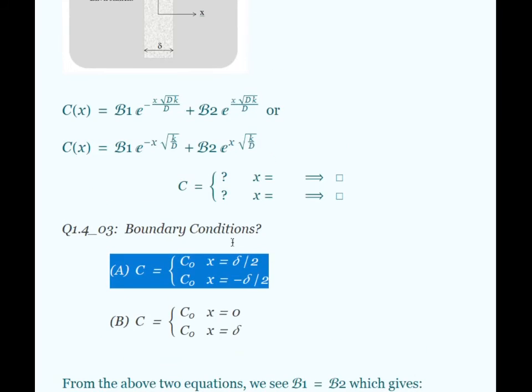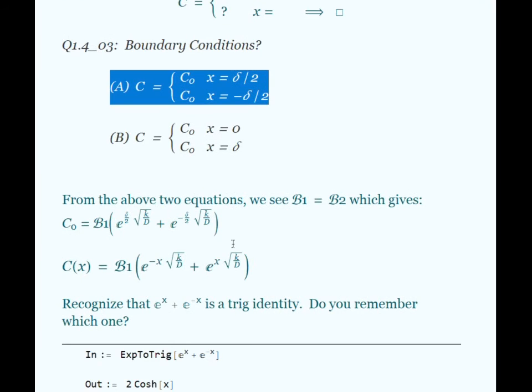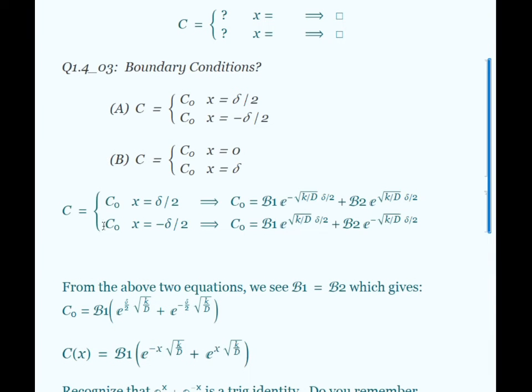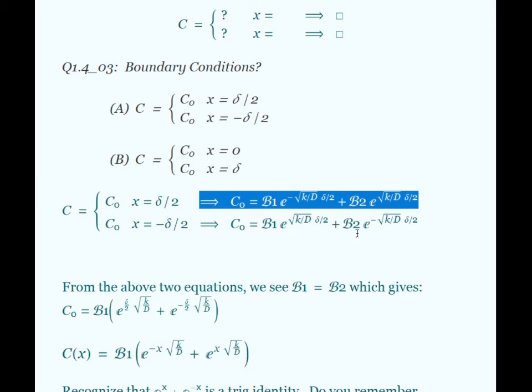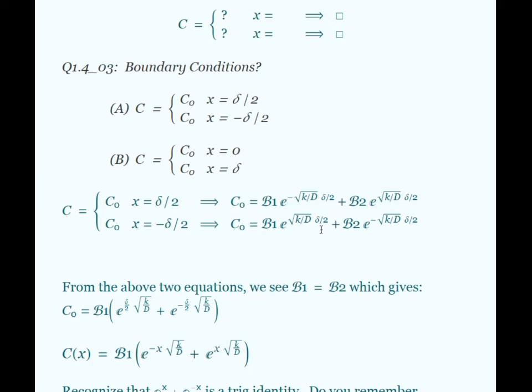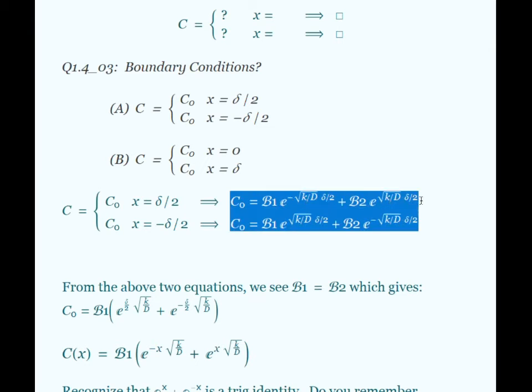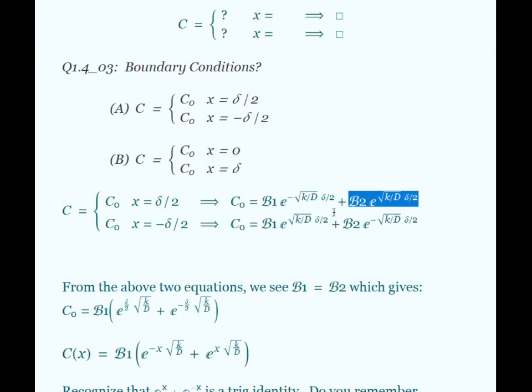We can plug that into our general equation, and we're going to get these two equations here. You can solve these simultaneously for b1 and b2. But if you look at these for a second, notice that in this equation b1 is on the negative term, and in this equation b2 is on the negative term. So the only way for this to work is if b1 is equal to b2.